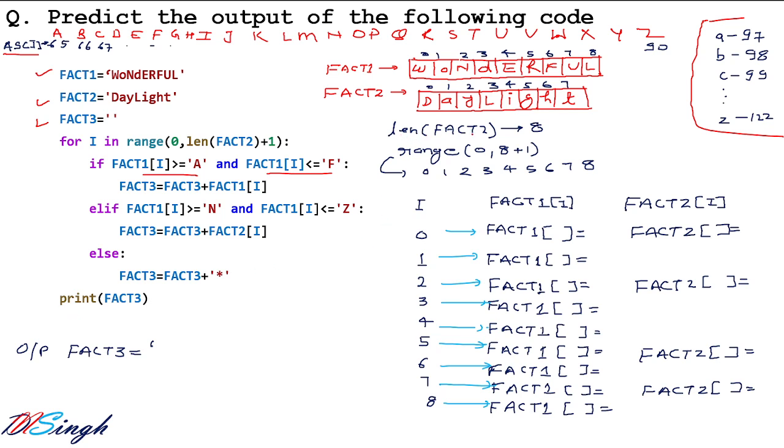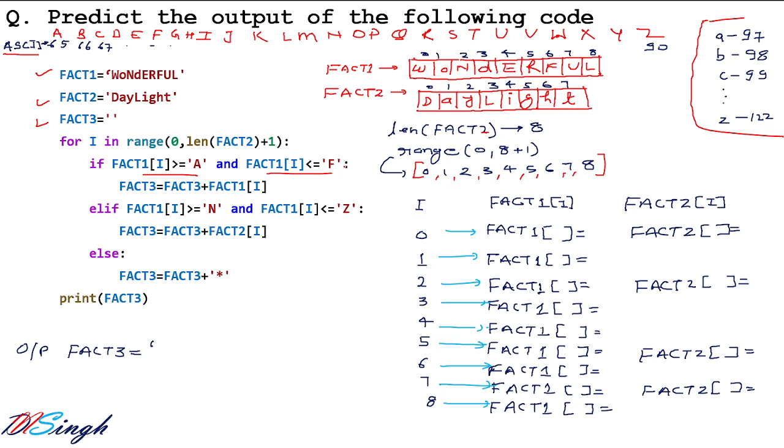Then we have calculated the length of the fact2 string. Fact2 has 8 characters, so the length is 8. We put that value into the range function, and the range function will give us values like 0, 1, 2, 3, 4, 5, 6, 7. What is the need to find these values?